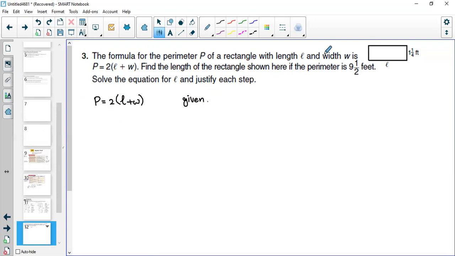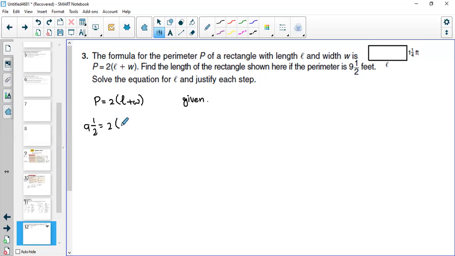Okay, now next thing, I'm going to replace these values with the numbers. So here I already have the length as L, we have to find that. The width is 1/4 and the perimeter is given to be 9.5. So I'm going to write the numbers in place of the variables.